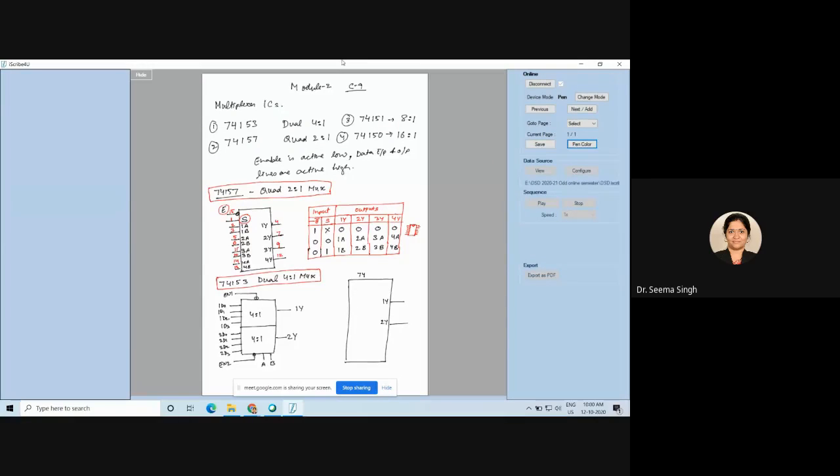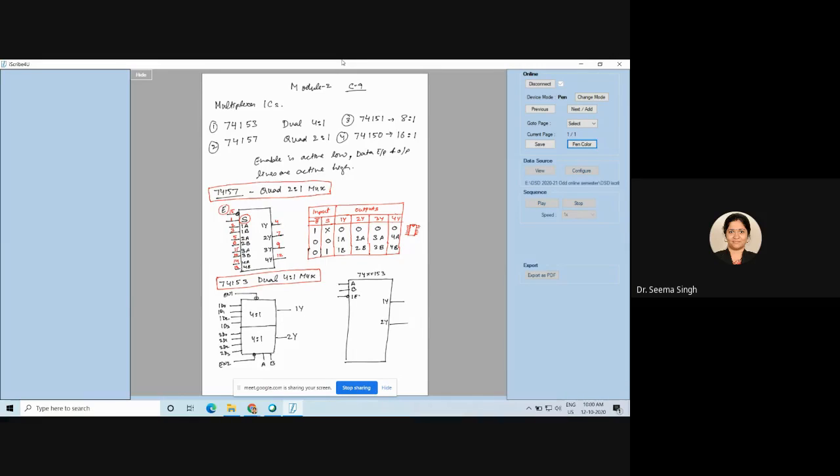So I am talking about 74153. And it has two select lines which are named A and B. Then it has enable pins, the first enable and second enable.